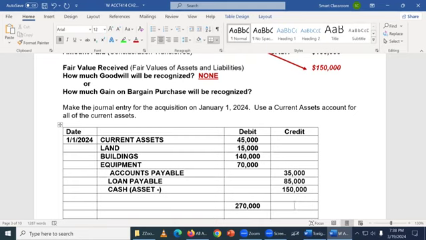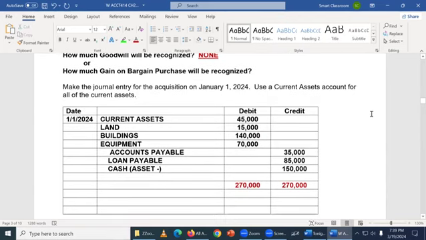Yep, and we do. If those two sides are equal, it's a pretty good indicator. You don't have to do that, but whenever I do problems with lots of numbers in the debits and credits, it's good to make sure that they balance.